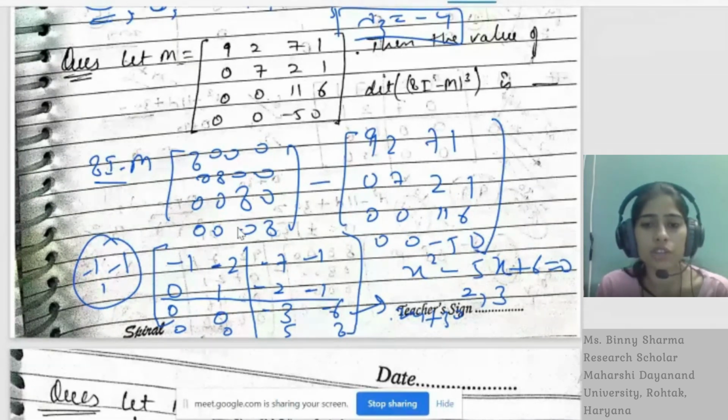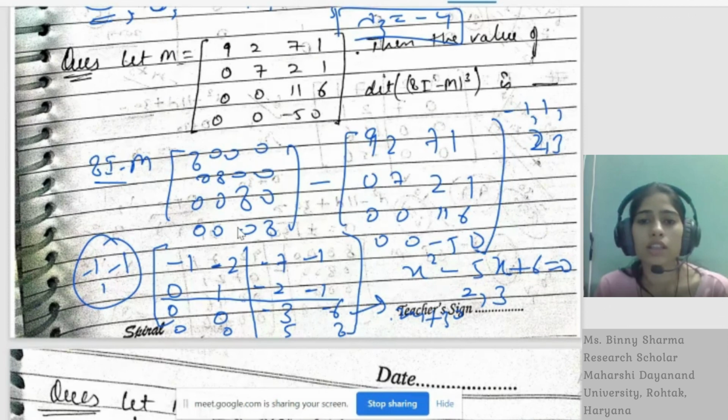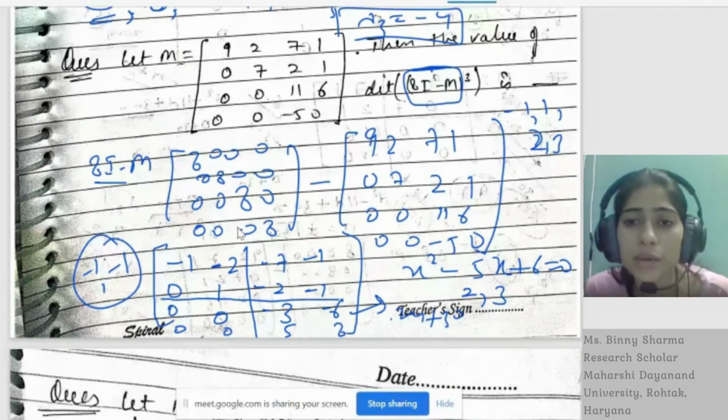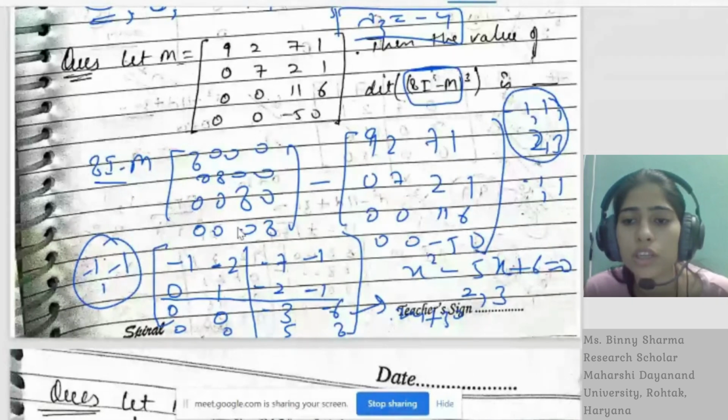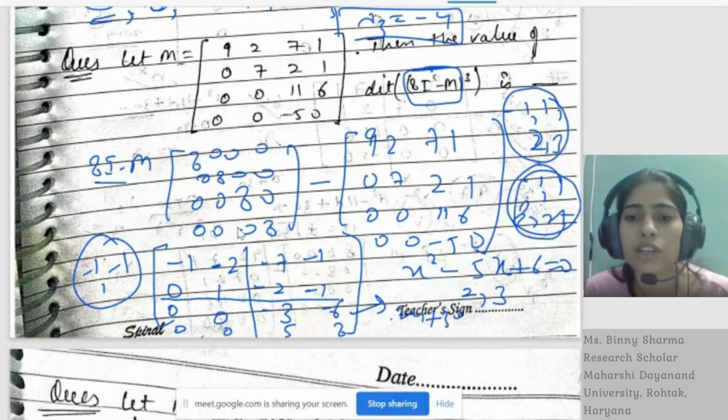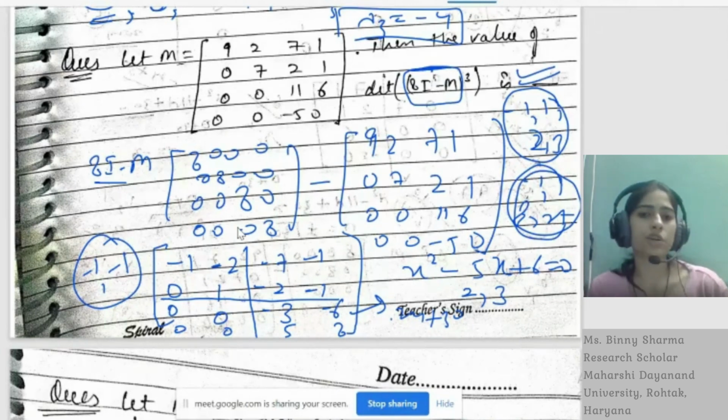So the eigenvalues will be minus 1, 1, 2 and 3. This is the eigenvalues of 8I minus M. Now we have to find the eigenvalues of (8I minus M) cube. So just cube these eigenvalues, that is minus 1, 1, 8, 27, and the product of these eigenvalues gives the answer of the determinant.